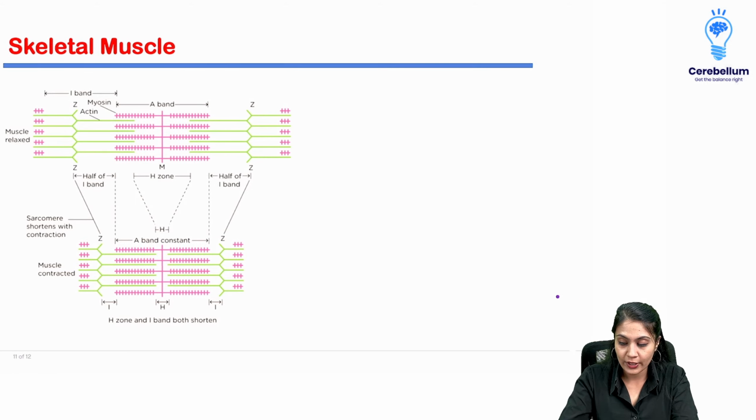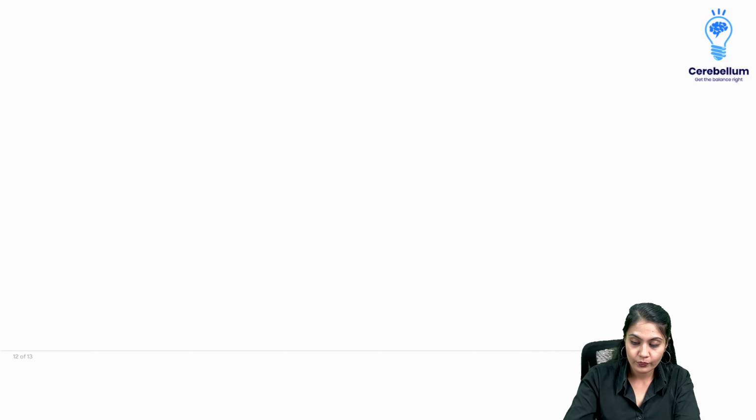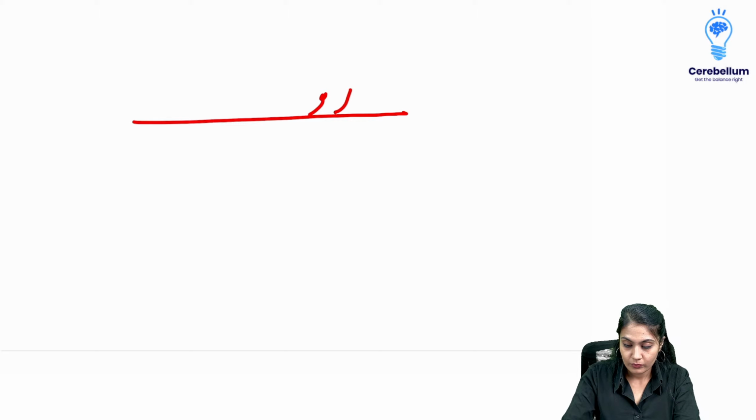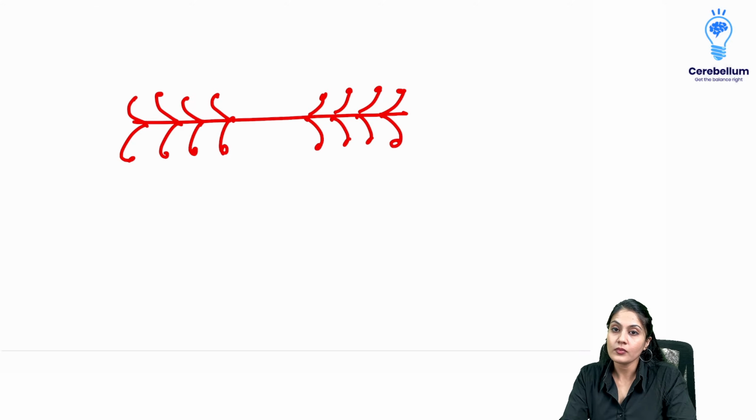Now if I draw it on my own, how is it going to look? Suppose there is a thick molecule, which is symmetrical on both sides.